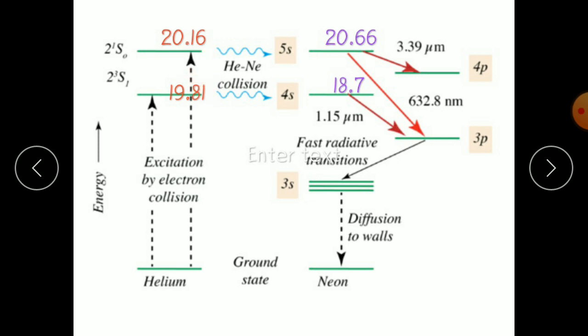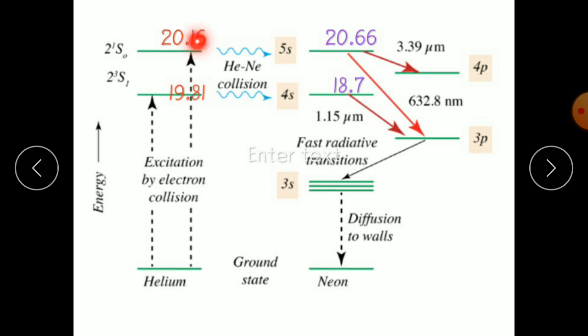These excited helium atoms again collide with the neon atoms. The probability of collision of a helium atom with neon is maximum, because there are 10 atoms corresponding to 1 neon atom. The energies of the neon atom, this 4s level and this 5s level, are about 18.7 electron volt and 20.66 electron volt.